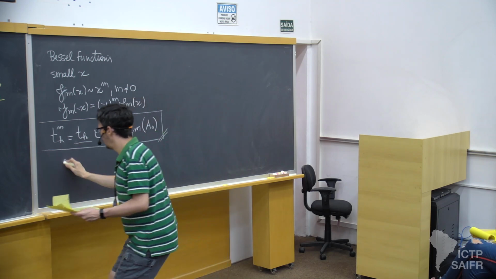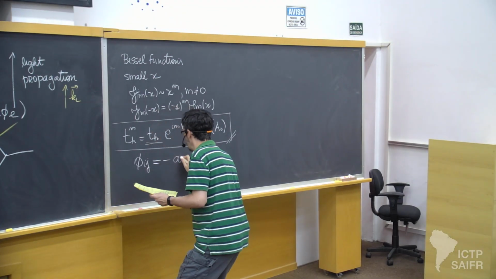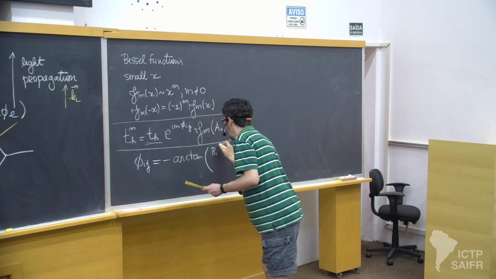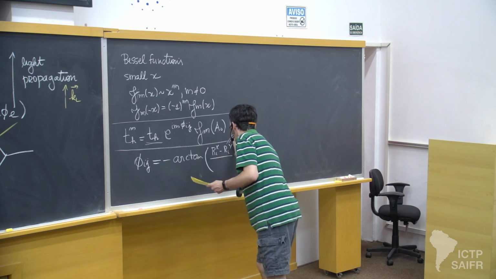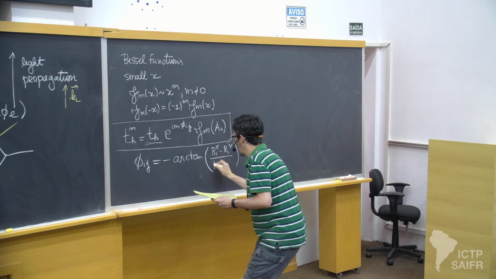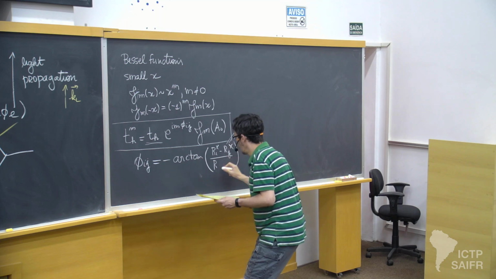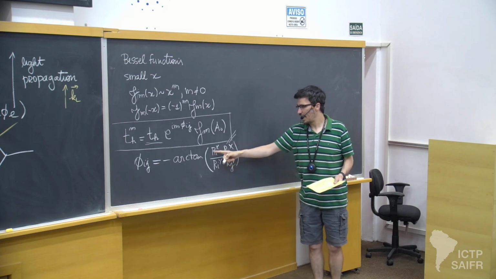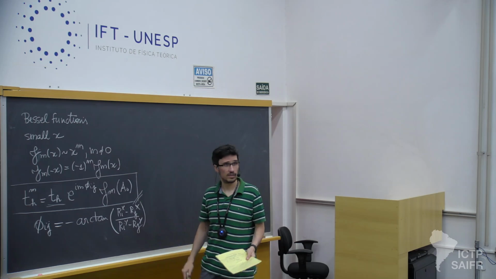So just to be precise, phi ij in general can be written as minus arctan of (rix minus riy) divided by (rjx minus rjy). So it's the difference in x coordinates divided by the difference in y coordinates.